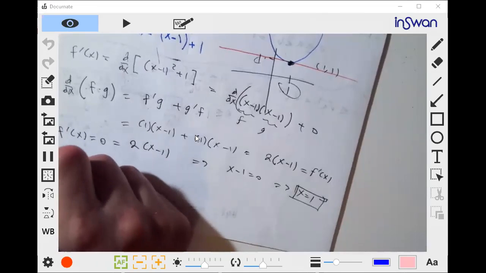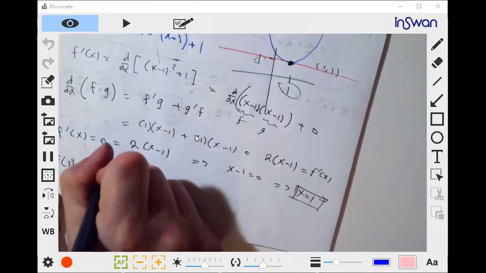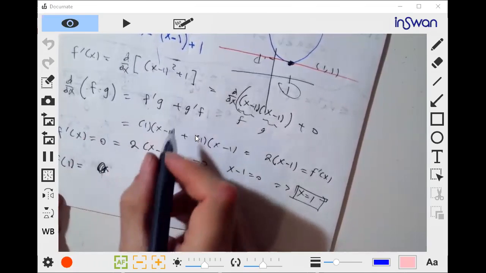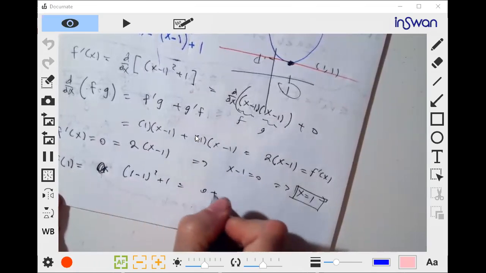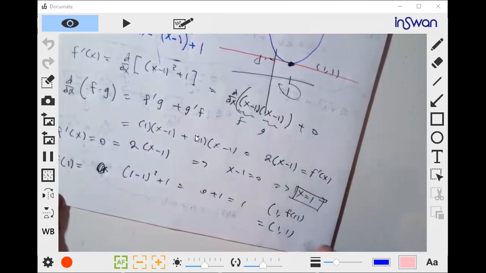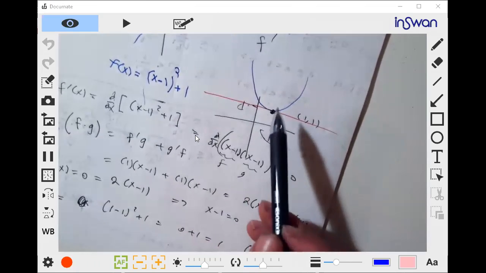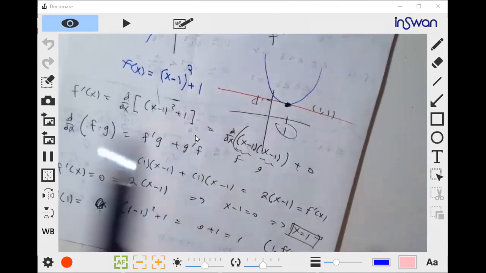Well, then we can evaluate the function f of 1, and that's 1 minus 1 quantity squared plus 1, which is 0 plus 1, which is 1. So 1 comma f of 1 is equal to 1, 1, precisely what we'd expect over here.